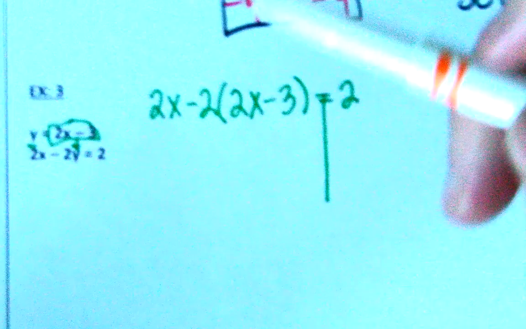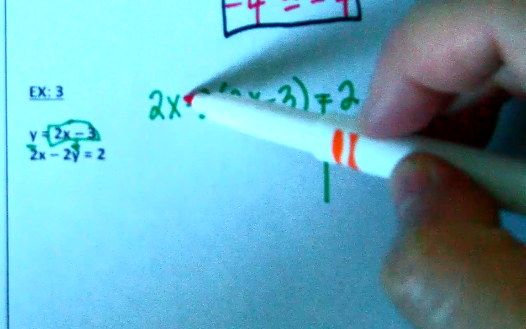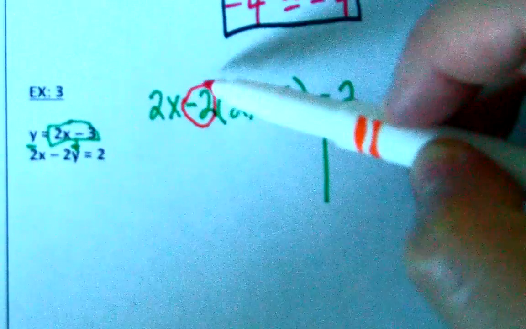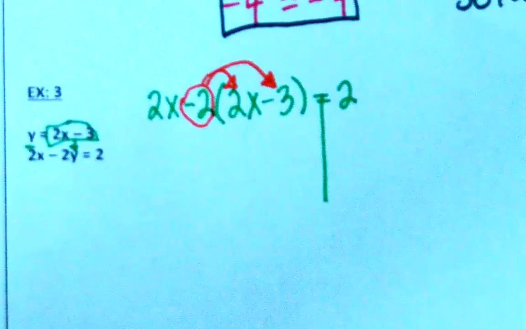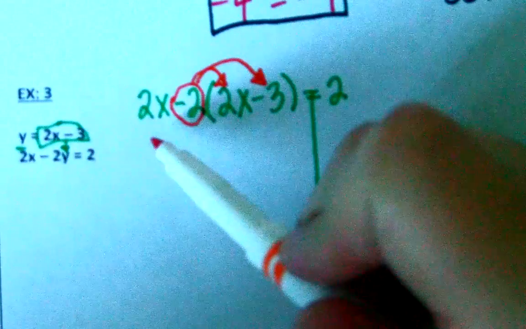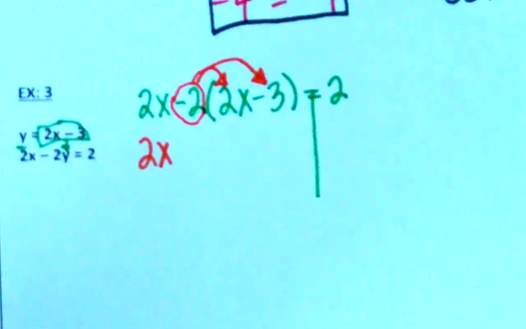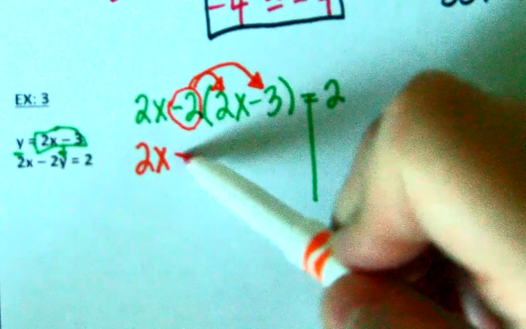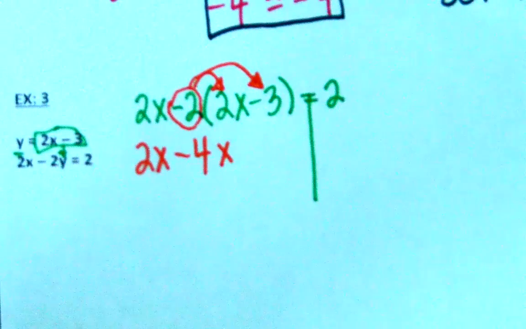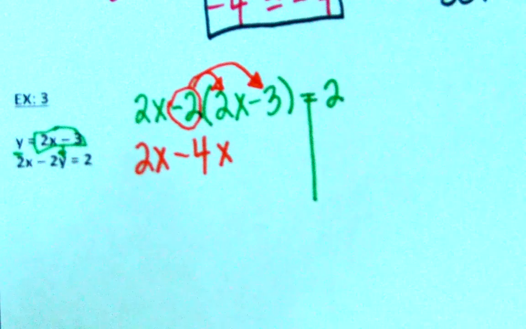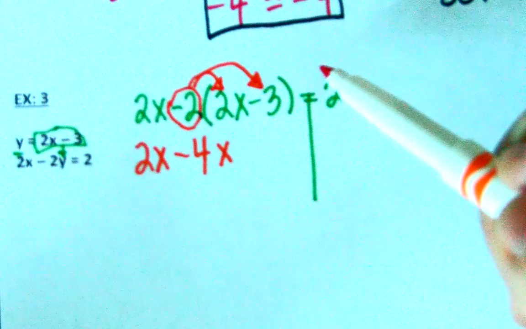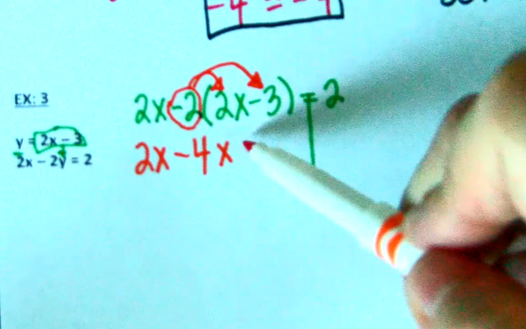So the first thing I'm going to do is I'm going to distribute. Remember, this is a -2. Take the sign with it, and we're going to distribute that to both terms. So we have 2x. -2 times 2x is -4x. And then -2 times a -3 is +6.